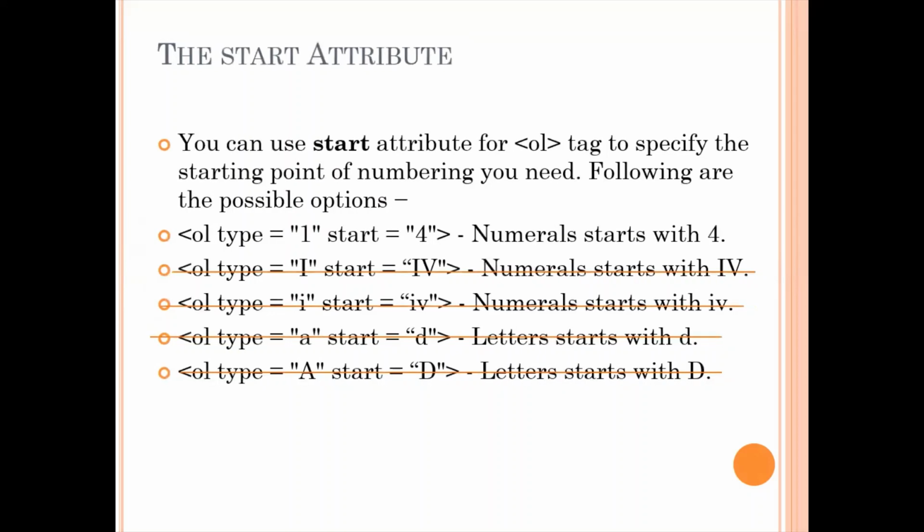But if we want a series that starts with a particular number, from the number 4, from 101, from 110, any number, then for this we will use an attribute, that is the start attribute.